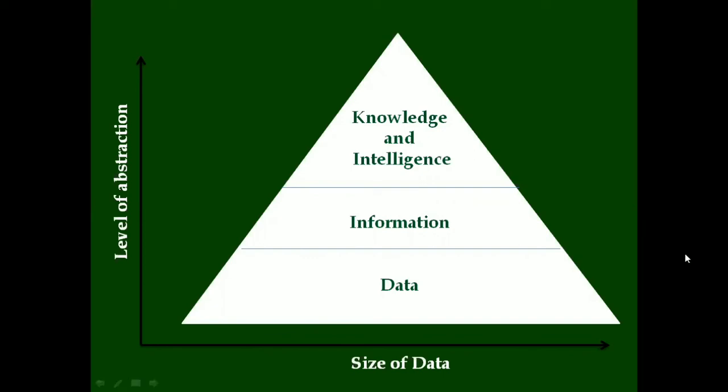The size of information is less than the processed data, and on the basis of that information we can generate the business intelligence or knowledge. So the x-axis is showing the size of data, and the size of data is decreasing when the level of abstraction is increasing.